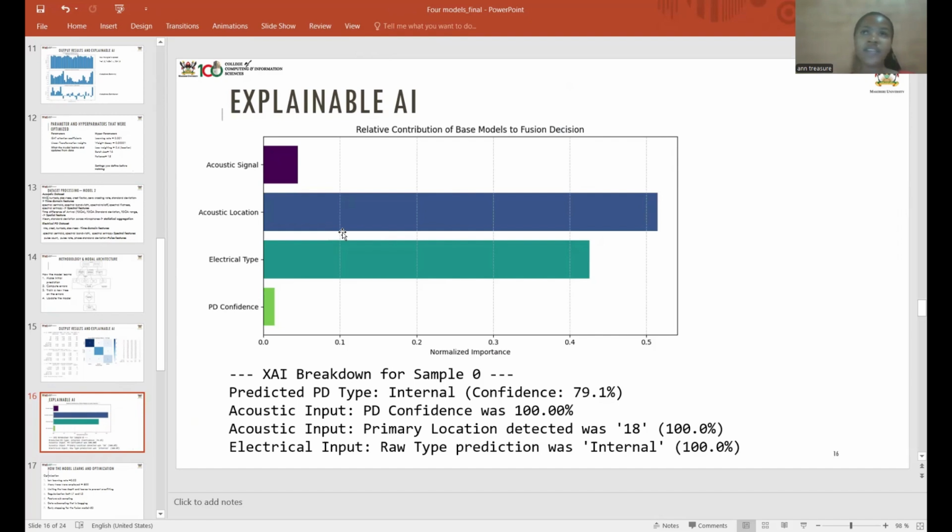This reflects the fact that surface, internal, and corona discharge all happen at different points of electrical equipment, with corona being in the air, internal being rather inside the equipment, and then we find that surface is usually on the surface of the high voltage equipment. And these were different contributions, as you can see.